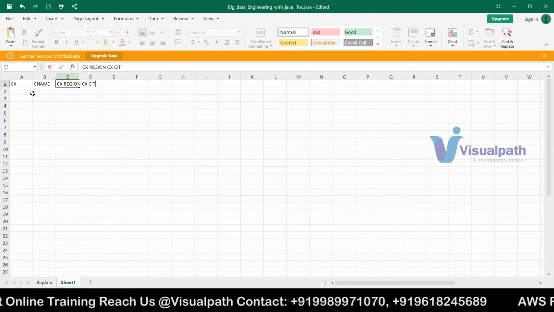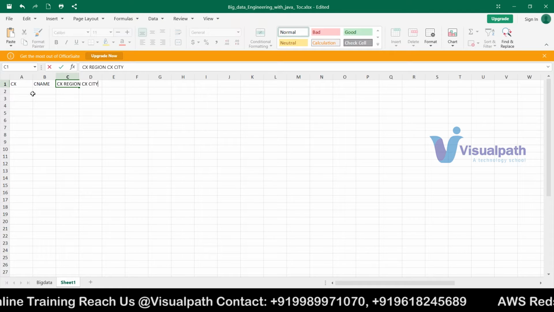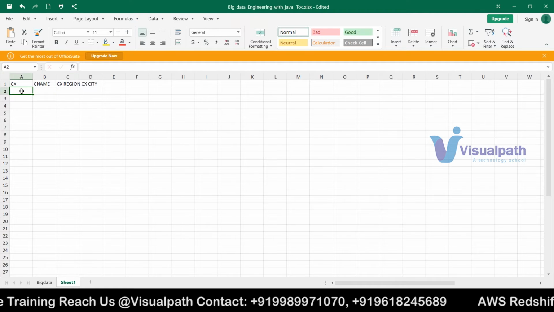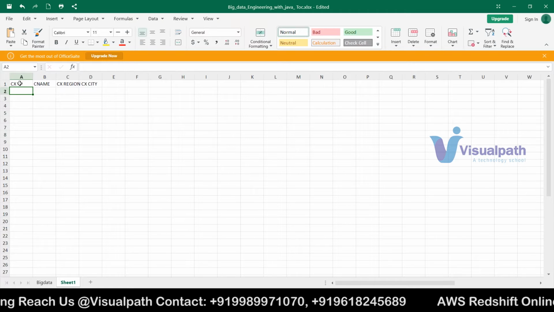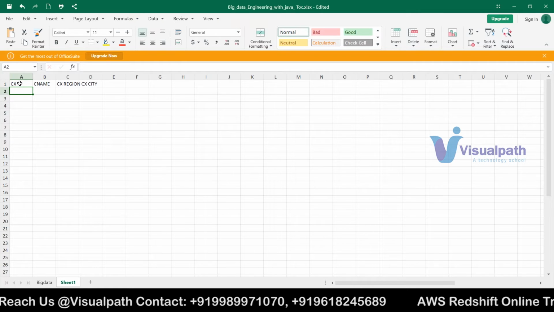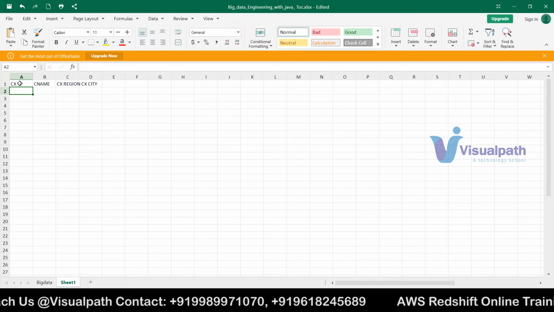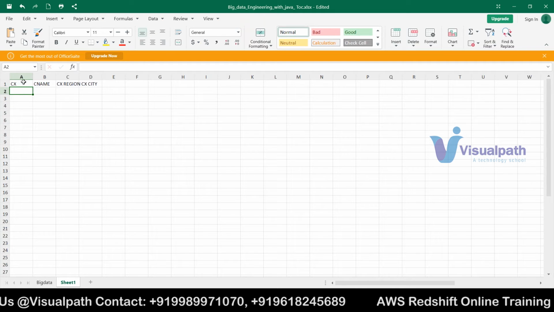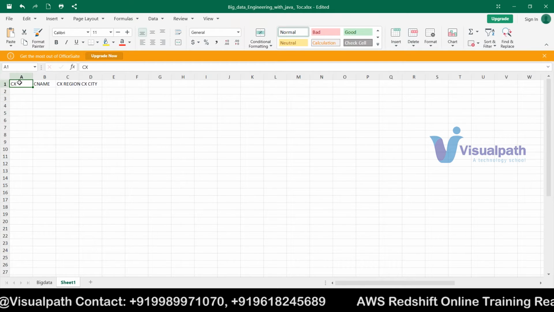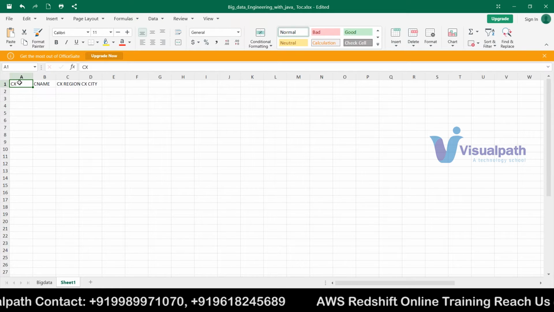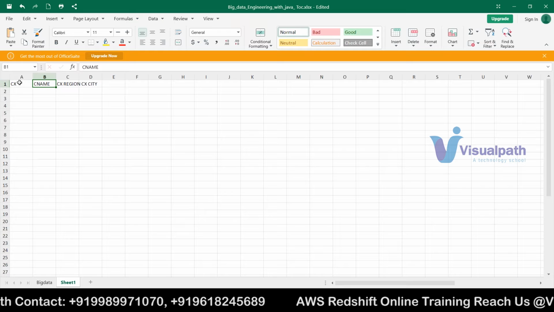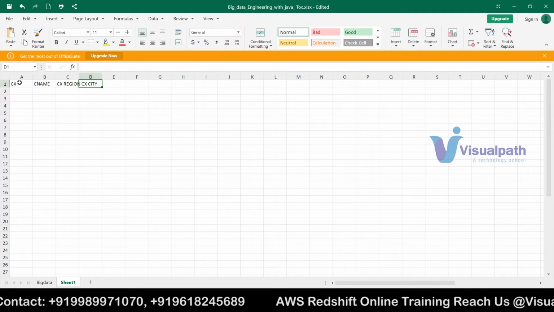Now you see, this particular customer table has 100 million records. How many records? 100 million records. Of course, this is all customer descriptive data only: customer name, customer region, customer city.